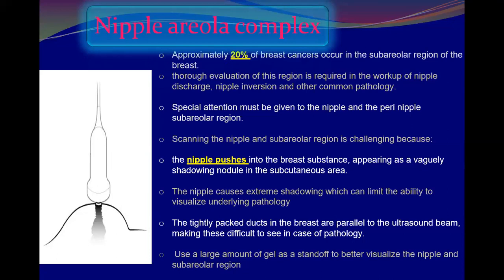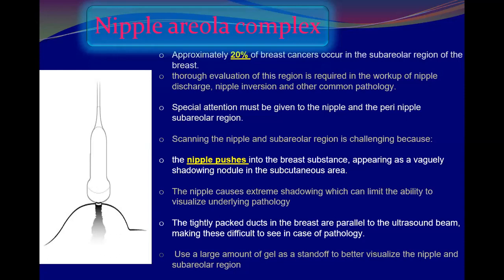Evaluation of this is really challenging, because when you put the transducer, the nipple is pushed into the breast substance and can appear as a vague shadowing nodule, a pseudo lesion in the subcutaneous area.